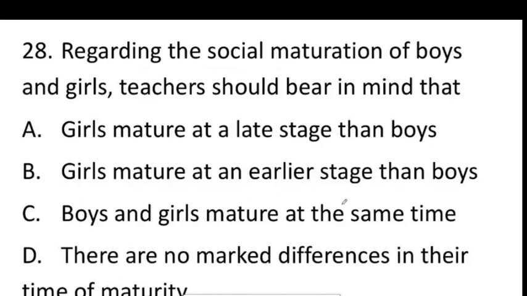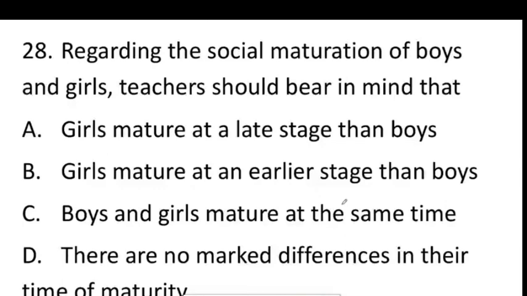28. Regarding the social maturation of boys and girls, teachers should bear in mind that, is it letter A, girls mature at a late stage than boys, letter B, girls mature at an earlier stage than boys, letter C, boys and girls mature at the same time, letter D, there are no marked differences in their time of maturity.